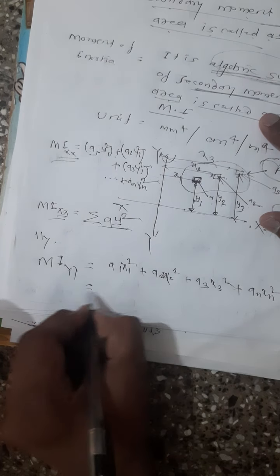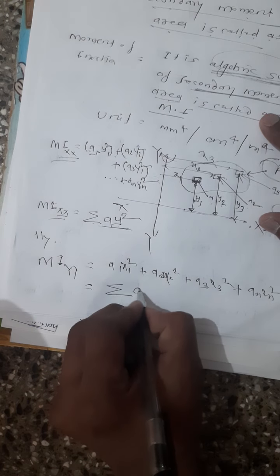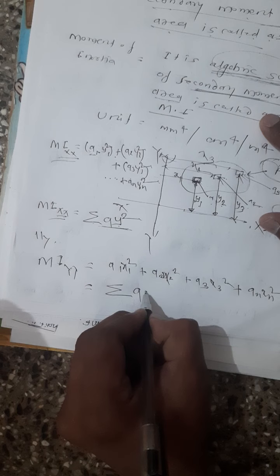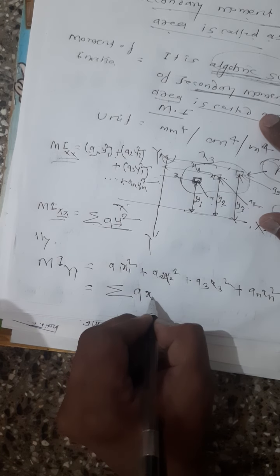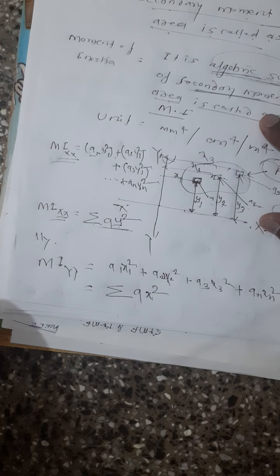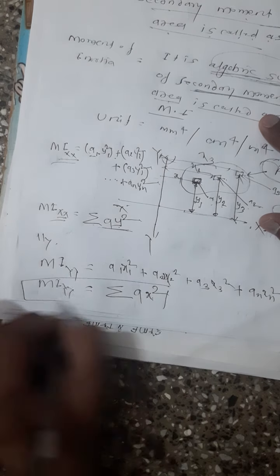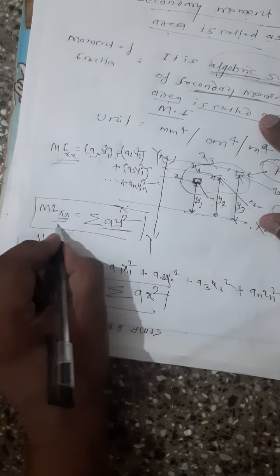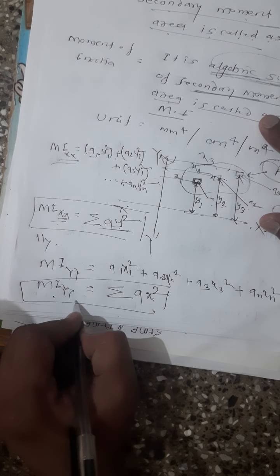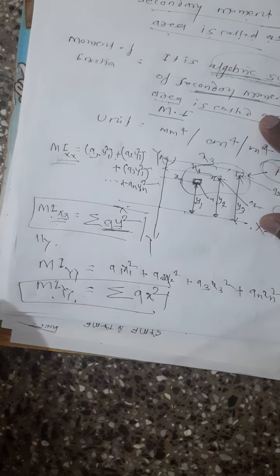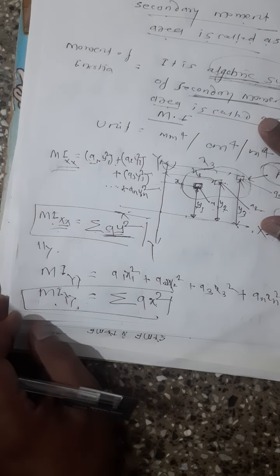In this way we have a summation of area times distance squared, which is secondary. So this is MI about y. This is MI about x and MI about the y axis. MI means secondary moment of area. So this is moment of inertia, my dear students.